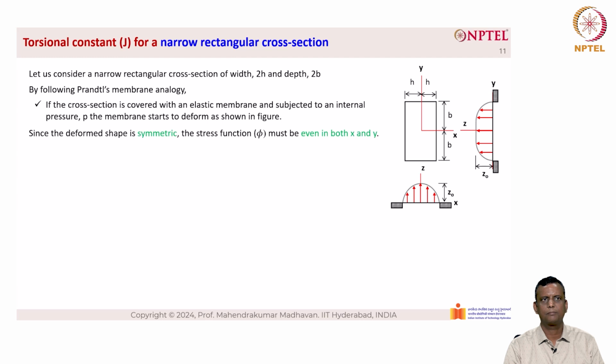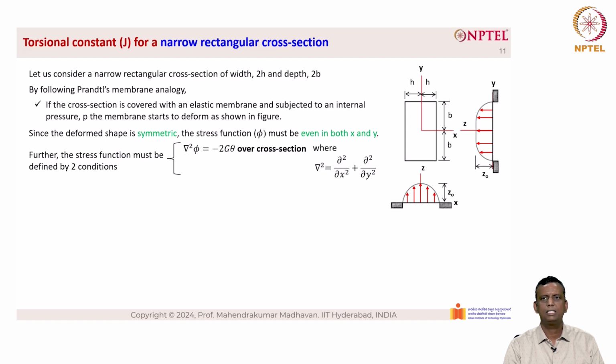Since the deformed shape is symmetric, the stress function φ must be even in both x and y. Further, the stress function must be defined by two conditions: ∇²φ = -2Gθ over the cross section, where ∇² = ∂²/∂x² + ∂²/∂y², and φ = 0, which is the stress potential around the perimeter.